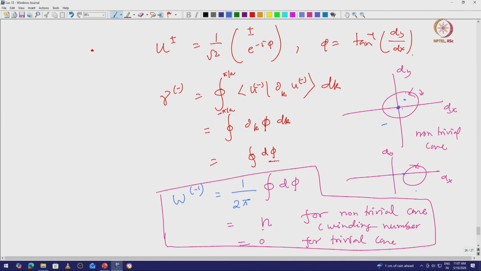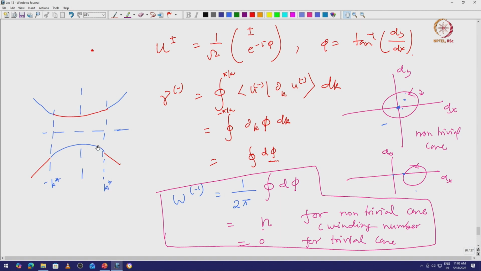So, in this case we are wrapping around the degenerate point, although the system does not have the degeneracy. In this case the band structure was like this, right, with some band inversions between them, but there is no degenerate point. At some point here a band inversion has happened.